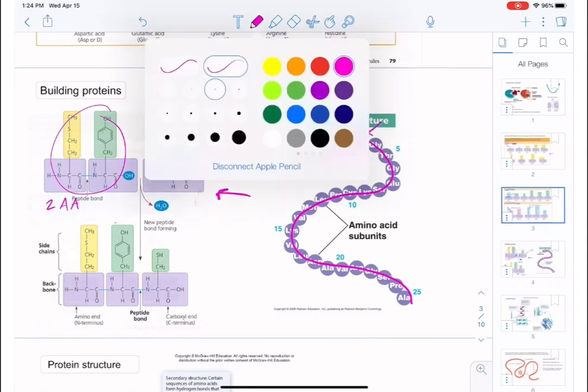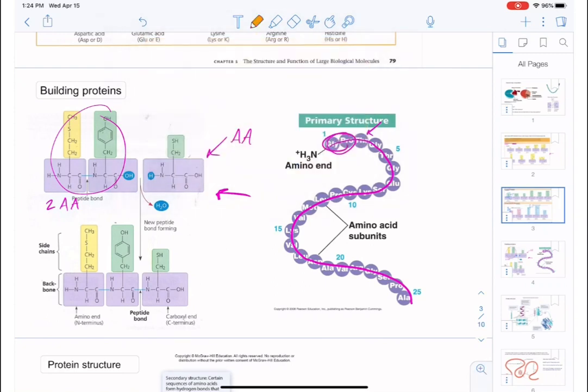Well, what happens is the carboxy group of one amino acid is going to form a bond with the amino group of another amino acid. And specifically what's going to happen is this hydroxide and this hydrogen ion are going to be removed. So we're removing a water molecule, and that makes it a dehydration reaction.